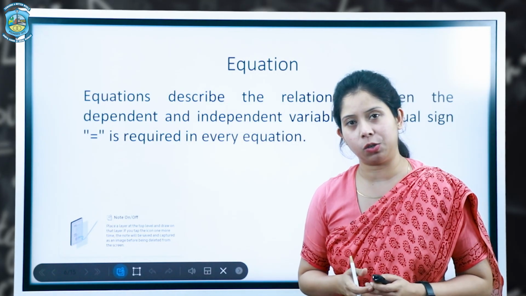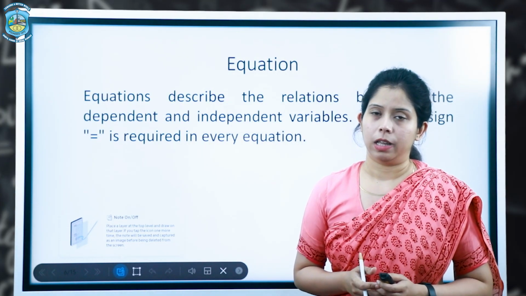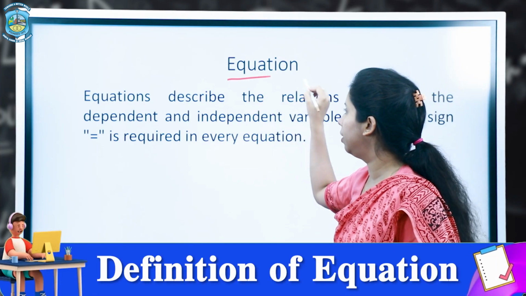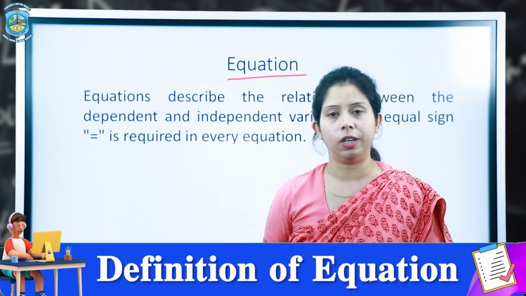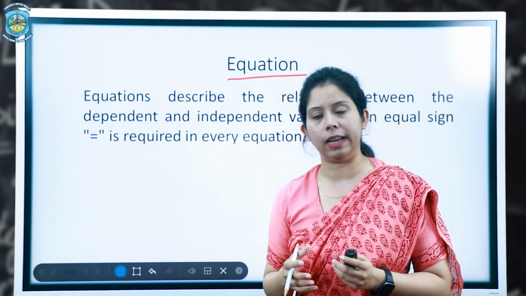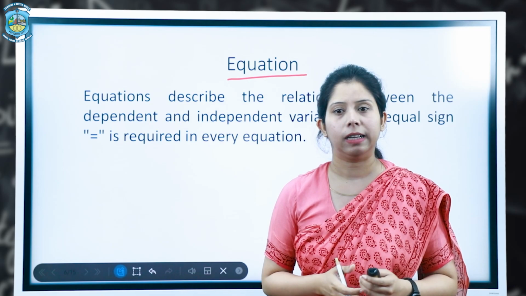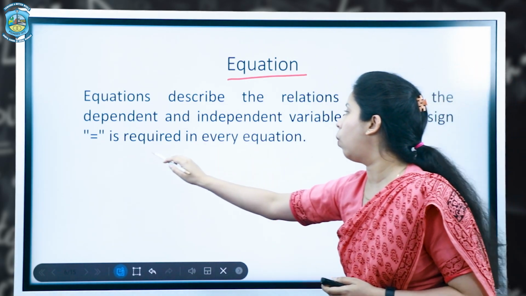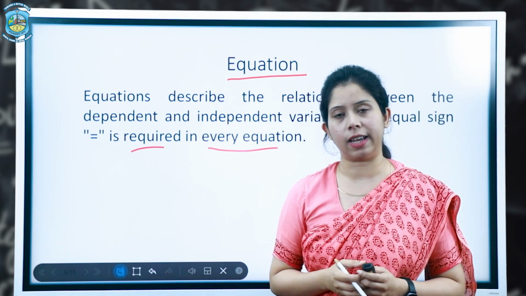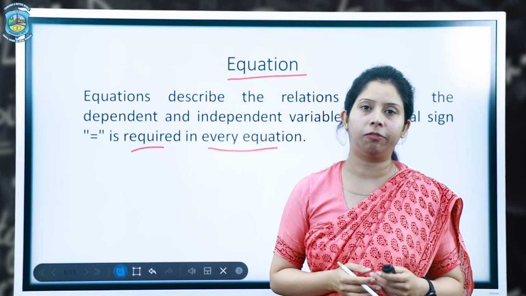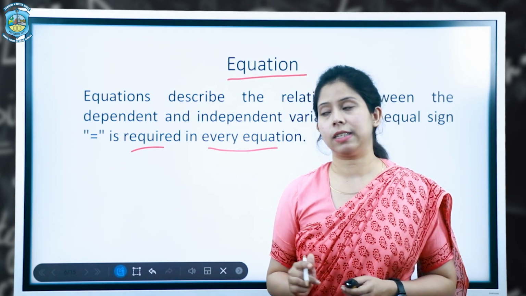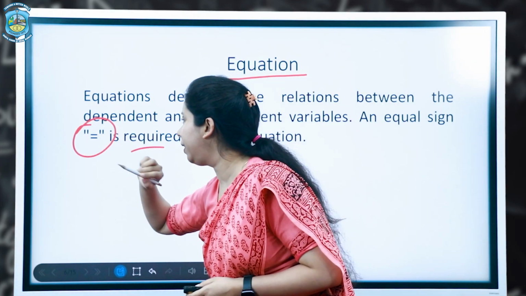So now you have understood the meaning of variable. Now moving on to the next definition, that is equation. An equation describes the relation between the dependent variable and the independent variable, and an equal sign is required in every equation. That means it is a mathematical expression which consists of constants, variables, operators as well as a sign of equality.